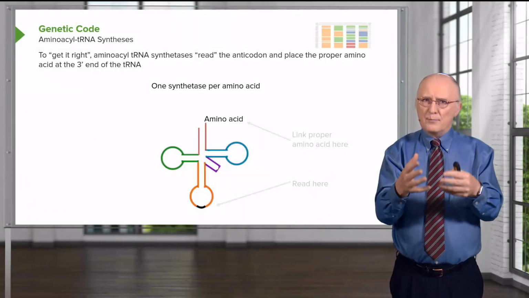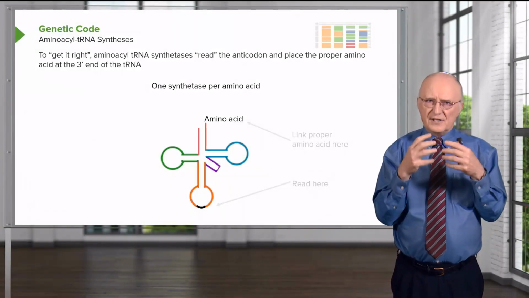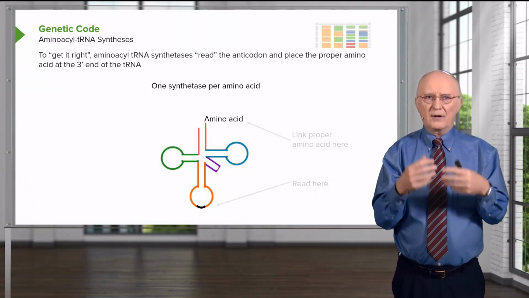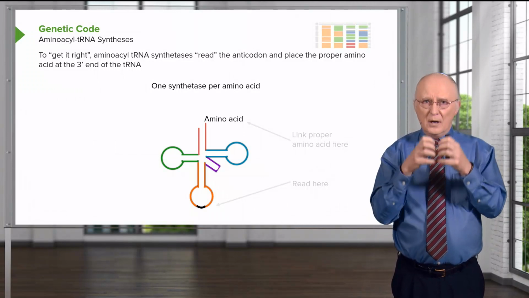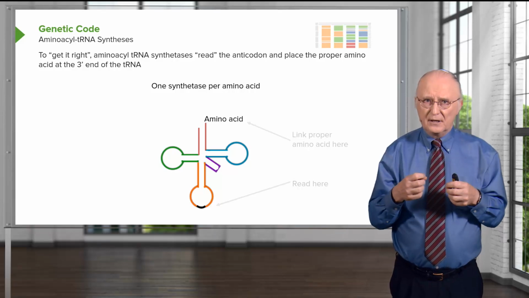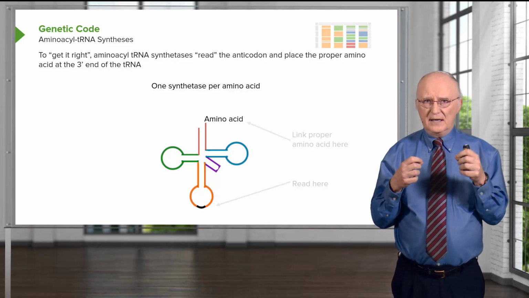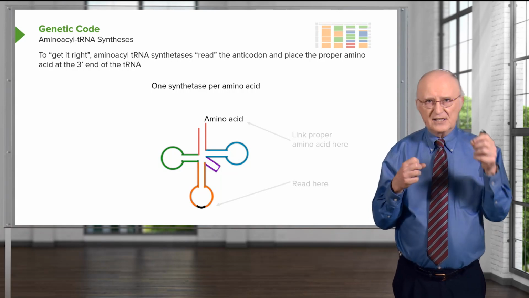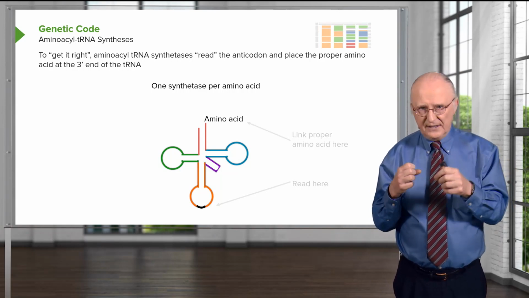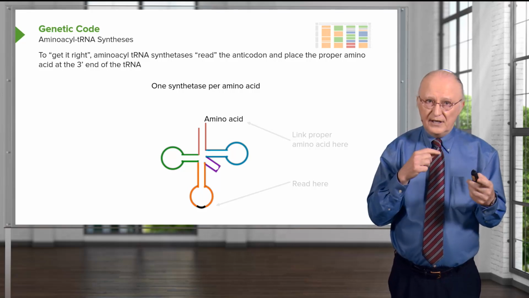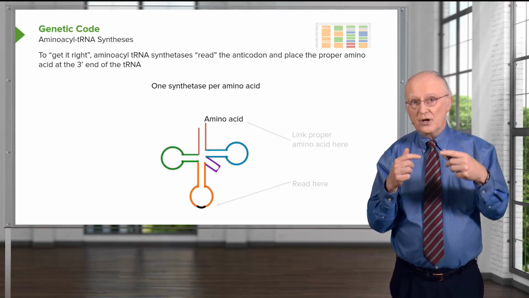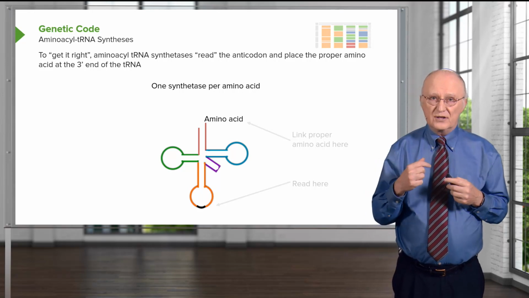Now, this is pretty important to get right. So cells invest a fair amount of accuracy and a fair amount of energy into the synthetases that do this. There's one synthetase made for each amino acid. That is, it's specific. There are 20 synthetases that are used to put amino acids onto tRNAs, one for each of the amino acids that goes into a protein.